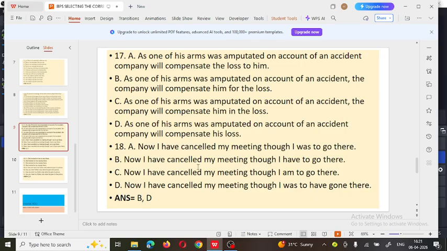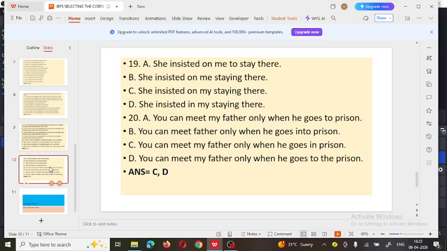Next, now I have cancelled my meeting, though I am to go there. Sentence is totally wrong. I was to go there, that is also having no meaning. Fourth one. Now I have cancelled my meeting, though I was to have gone there. Means he had to be there, but now he cancelled the meeting. So option D is correct here.